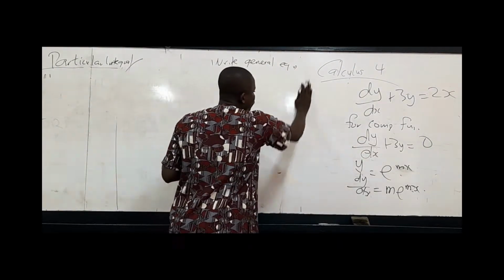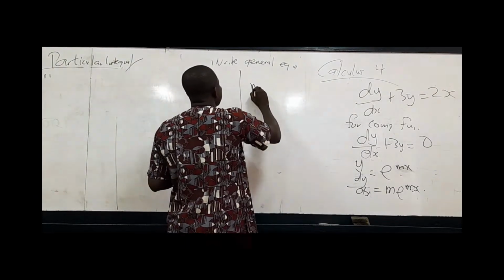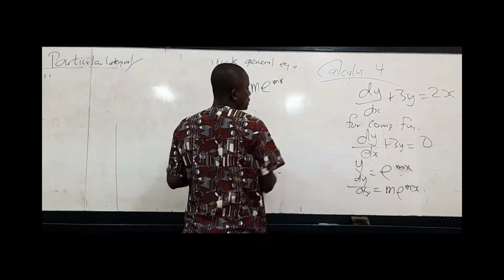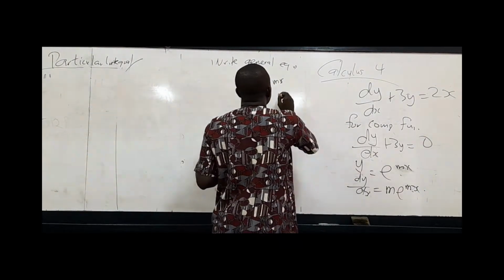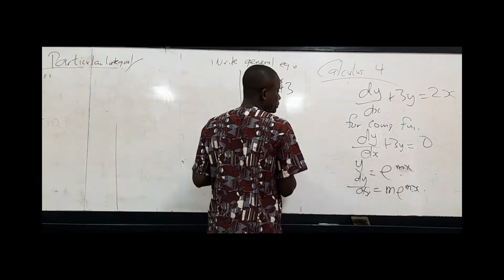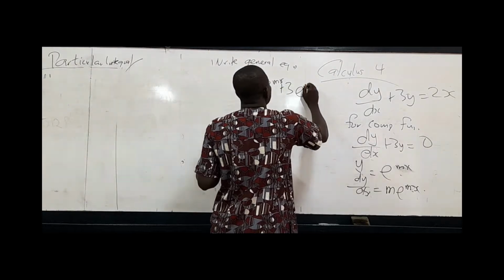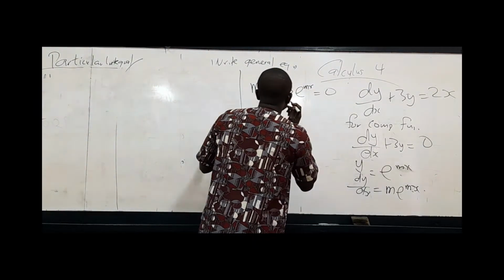So what are we going to have? dy/dx is m e to the mx, plus 3 times y, which is e to the mx, is equal to 0.